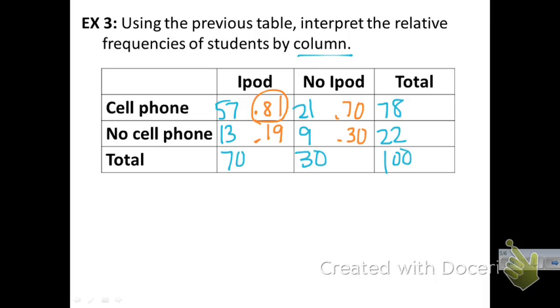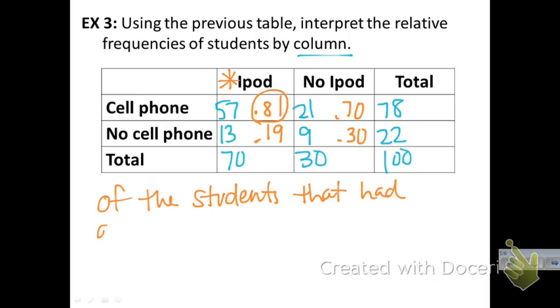Because we're doing columns, we're going to start with the iPod idea. So of the students that had an iPod, 81% of them had a cell phone.